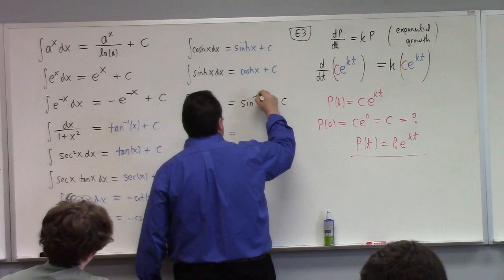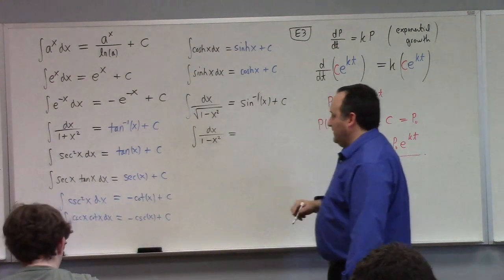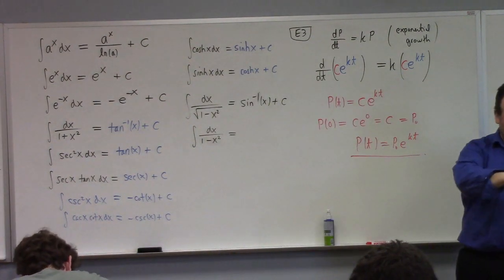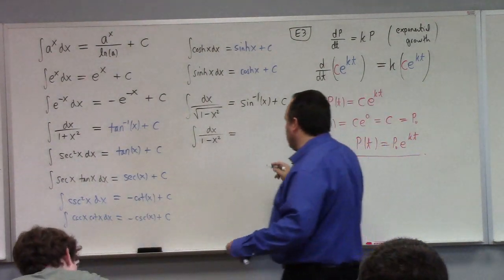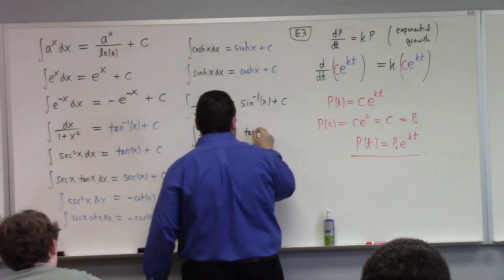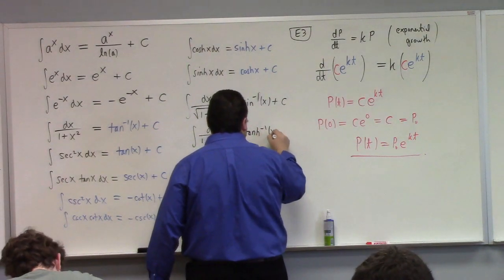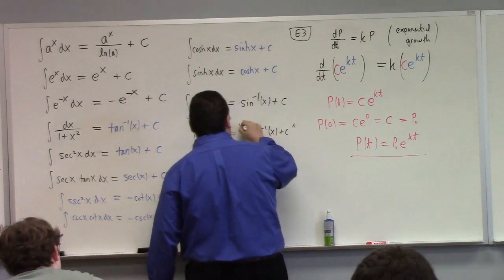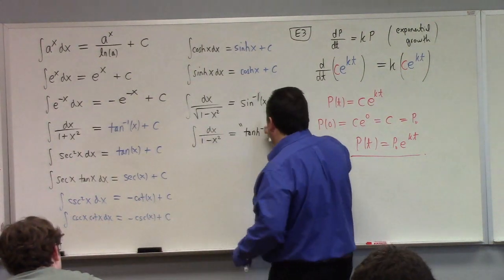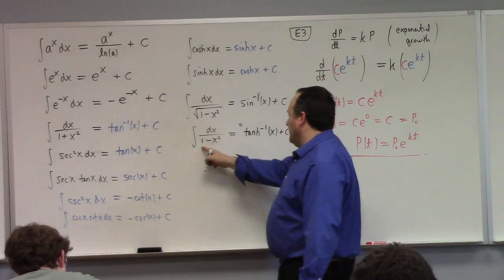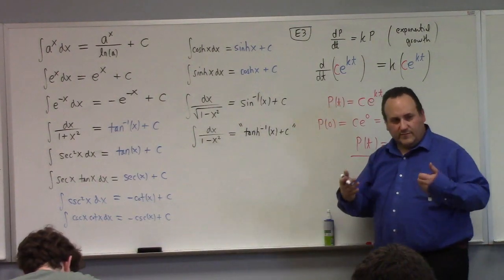And let's see here, what else we got? This guy, I'm a little bit unsure, so I'm going to put some scare quotes on this, but I believe this is inverse hyperbolic tangent of x. I'm putting scare quotes because I really should check and be sure.